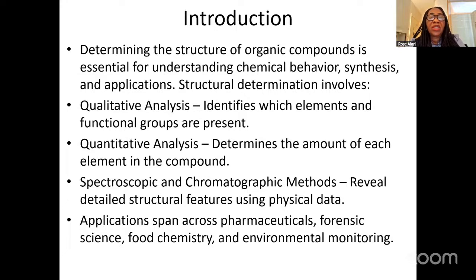So for the qualitative analysis, we identify which elements and functional groups are present in the compound. And in quantitative analysis, we determine the exact amount of each of the elements in the compound.